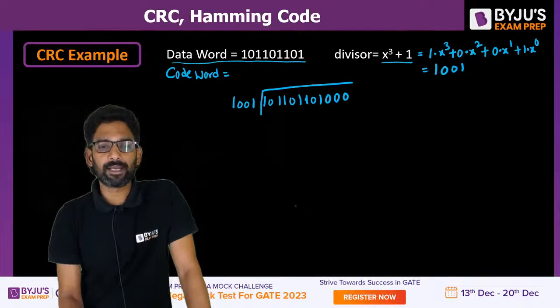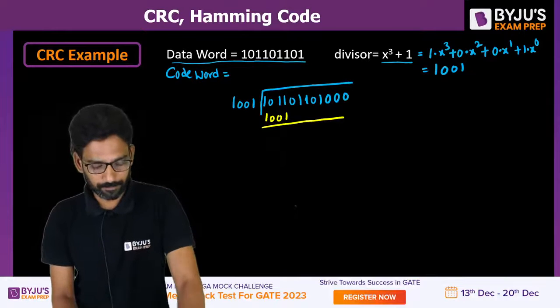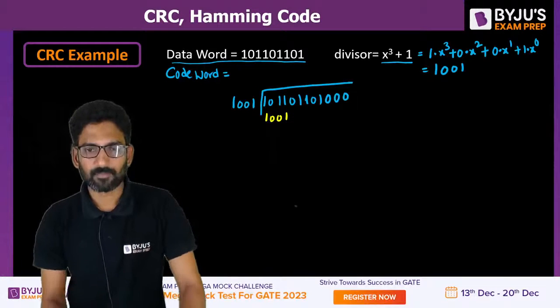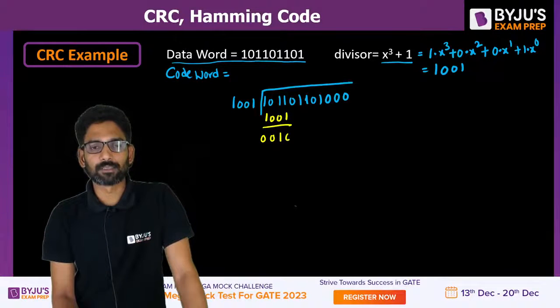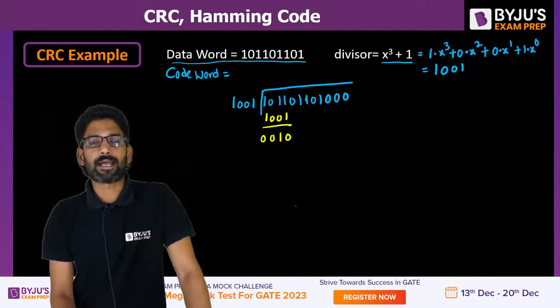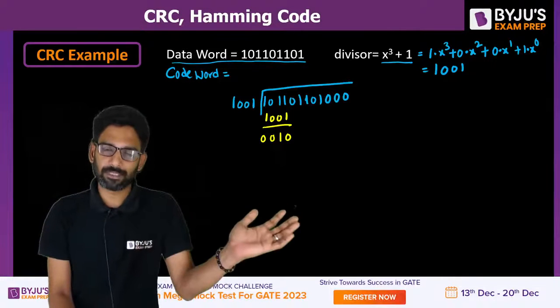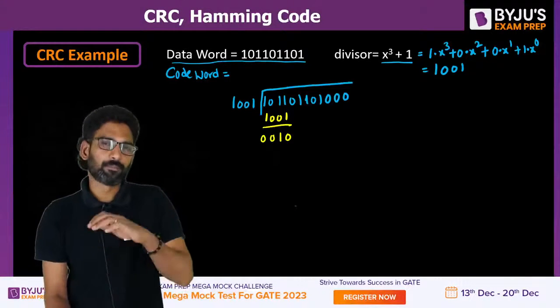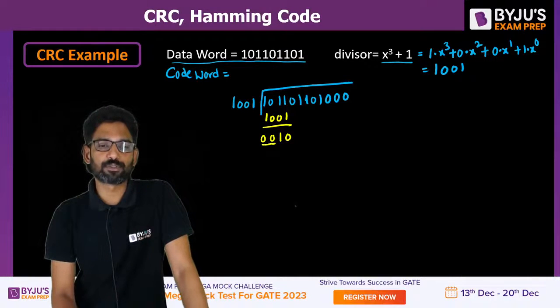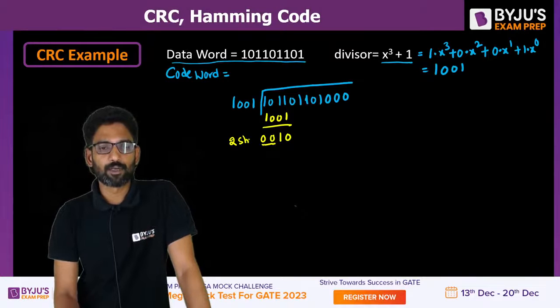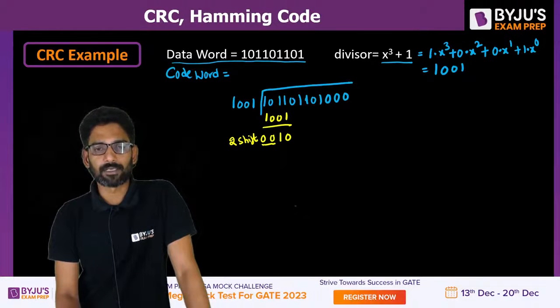How? Repetitive XOR. So 1001, do XOR. So what do we get? From the MSB position, 0, 0, 1, 0. The actual algorithm shifts 1 bit and borrows 1 bit, but to save time, here you see we have 2 MSB zeros, so you just apply 2 shifts and borrow the next 2 bits.